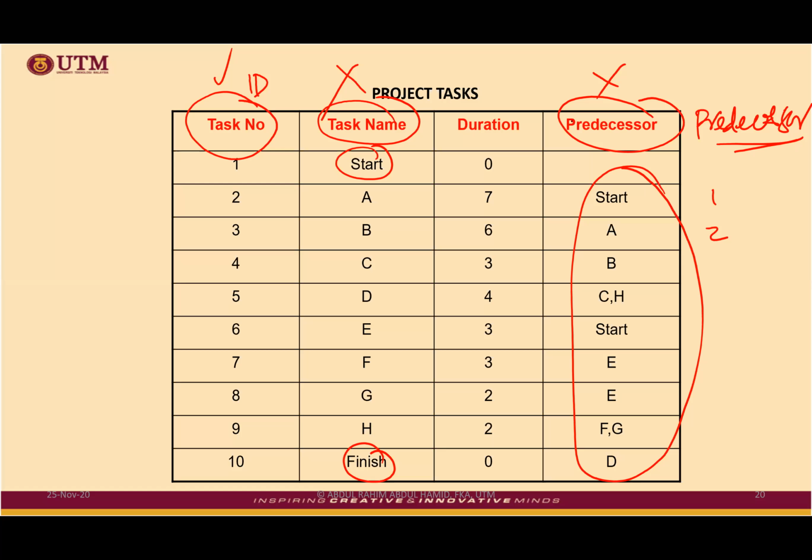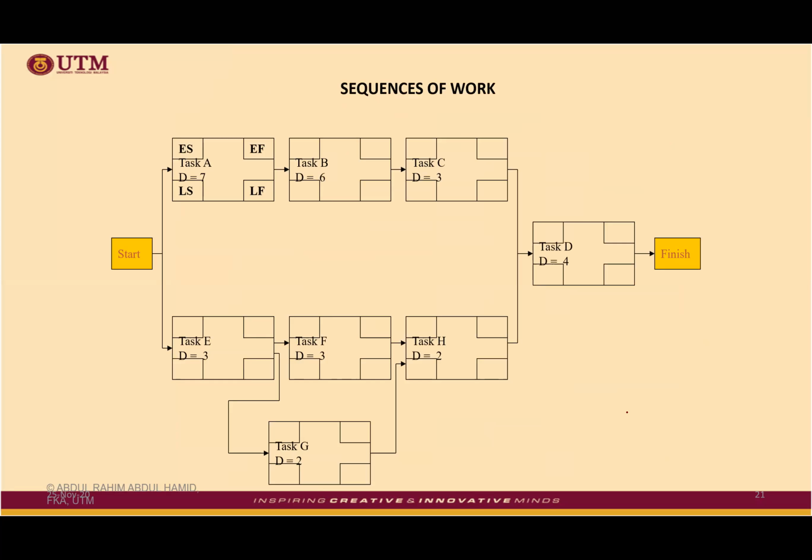Now, the next step is basically to draw the diagram. You already know how many boxes you have. You can draw the boxes very quickly, and you can put the boxes anywhere you want. The most important thing is the connection. The drawing that we show you looks very nice.